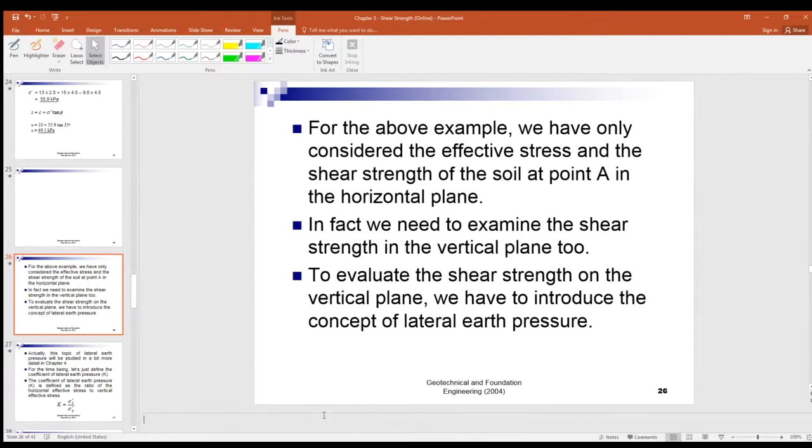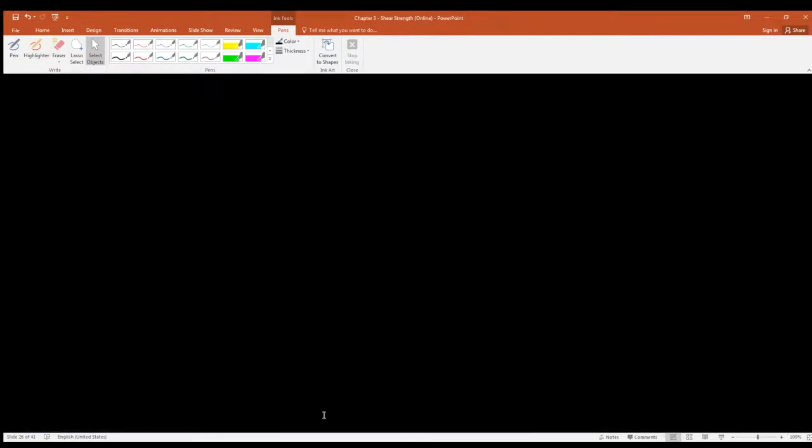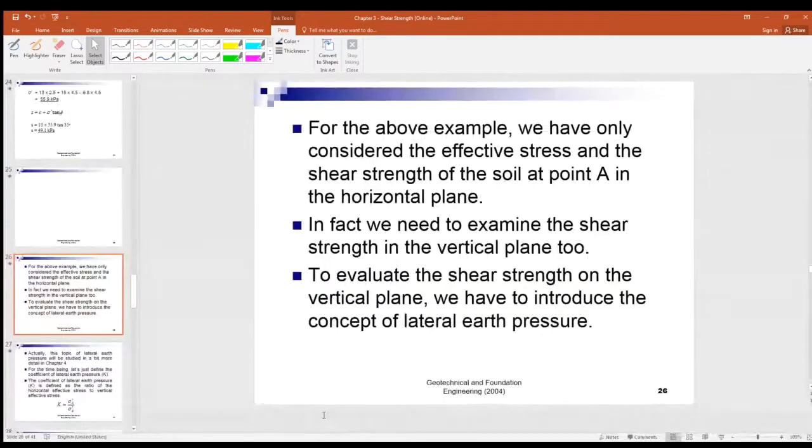Now for the above example, we have considered the shear strength of the soil at the point in the horizontal plane. In fact, we should examine the shear strength in the vertical plane too. What's that? We have talked about this, right?